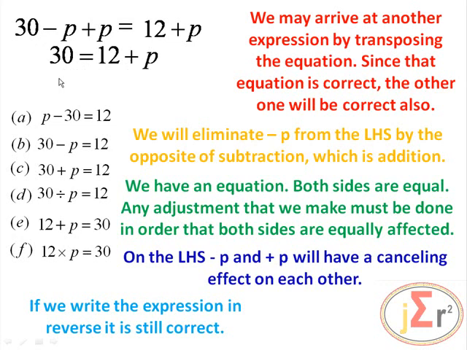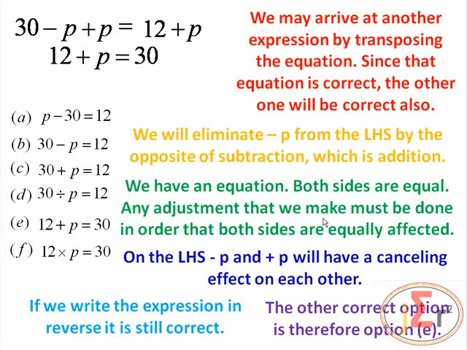So if we write the expression in the reverse order, then it is still correct. So switch that around. We have 12 plus p is equal to 30. So 12 plus p is equal to 30 right here, and that is option E. The other correct option is therefore option E.